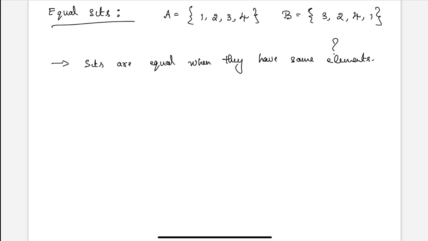We usually denote the number of elements in a set by n of A. So n of A denotes the number of elements in a set A. Otherwise, we also denote it by two straight lines, and in the middle we write the set notation.